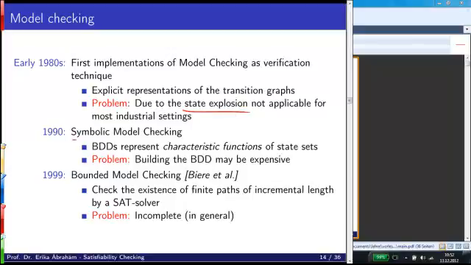So then the next step was to introduce symbolic model checking. Symbolic means that we do not explicitly list all states in our transition system, but we use another encoding.